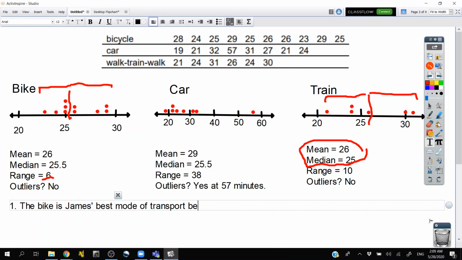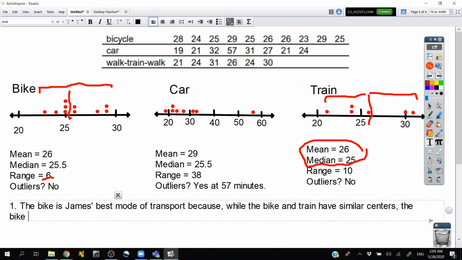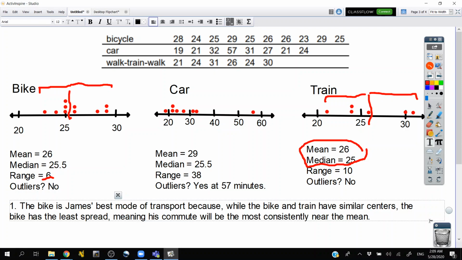I would have argued because while the bike and train have similar centers, the bike has the least spread, meaning his commute will be the most consistently near the mean. So the range being small shows us that our data is generally closer to the mean.